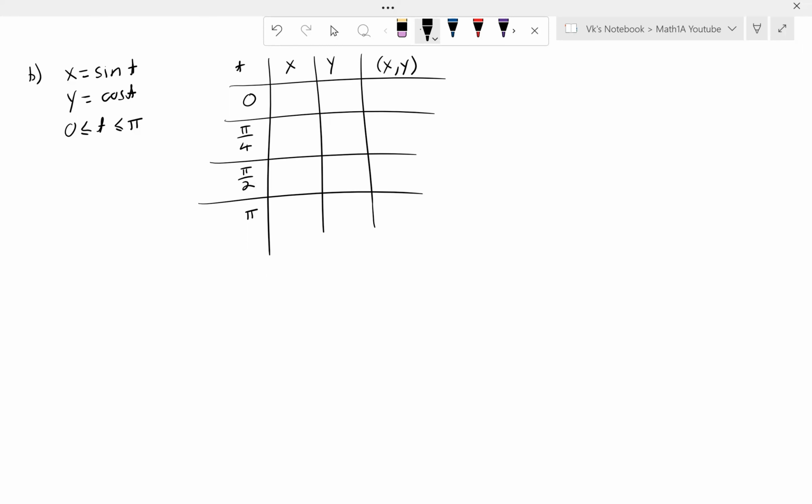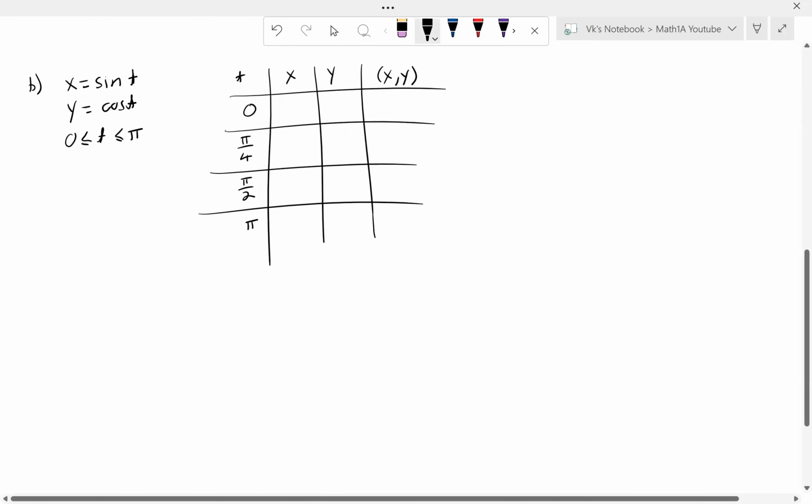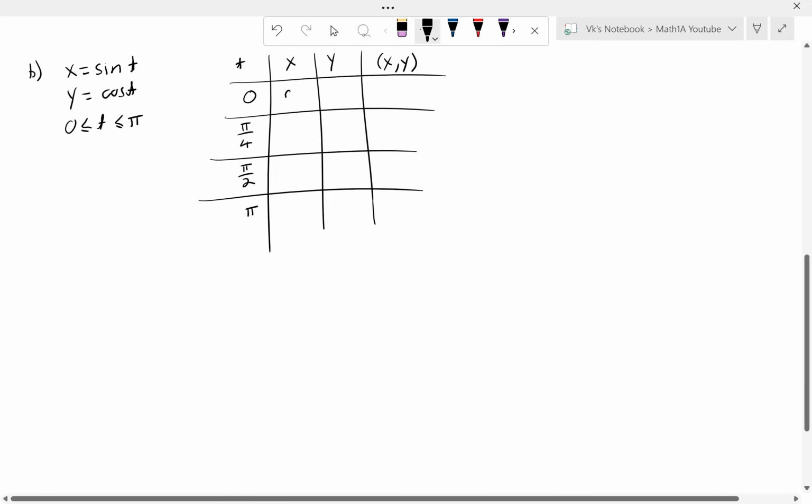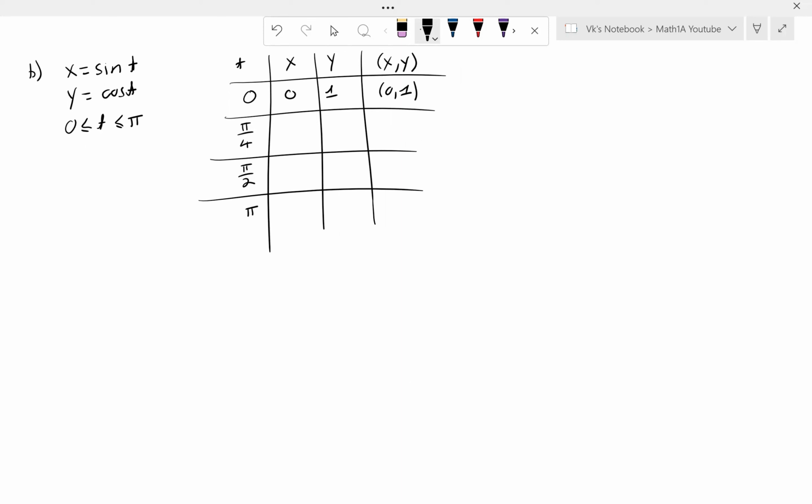Sine of 0 is 0, cosine of 0 is 1, so (0, 1). Sine of pi over 4 is root 2 over 2, cosine of pi over 4 is root 2 over 2, so (root 2 over 2, root 2 over 2).